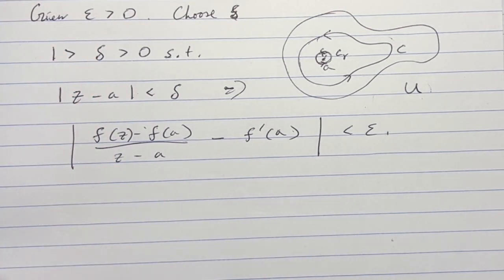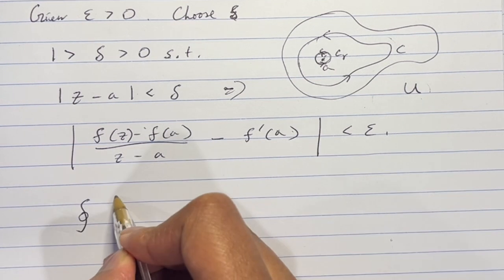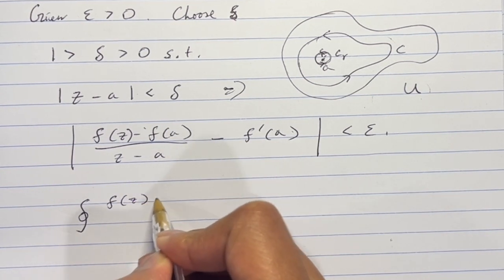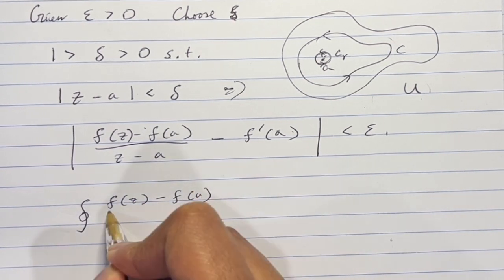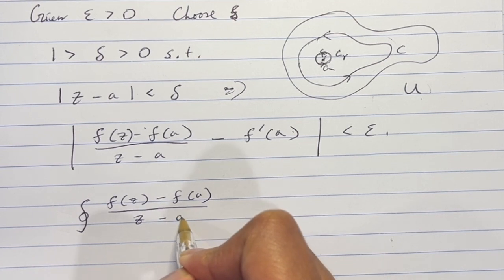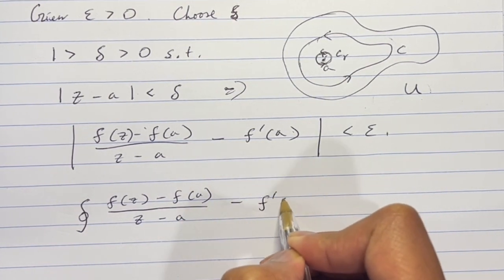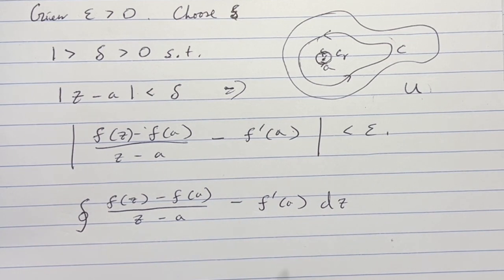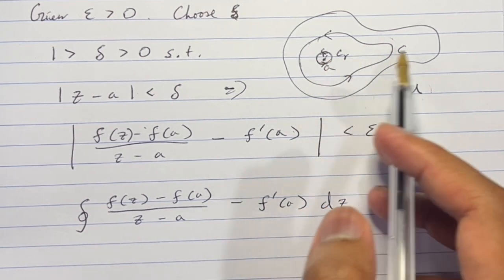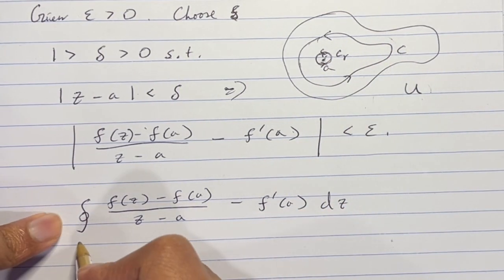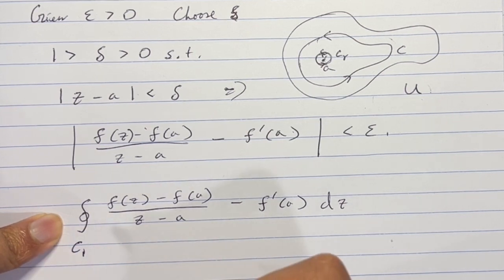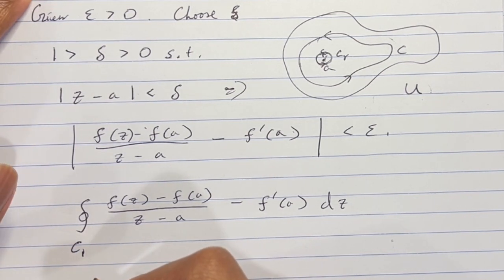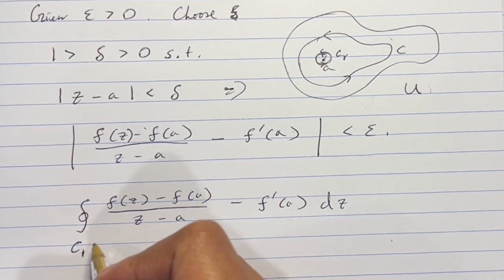What we want to do now is calculate this integral, of (f(z) minus f(a)) over (z minus a), minus f prime of a, dz. Using Cauchy's deformation theorem, we're going to use C_R, but the answer will be the same as if we used C, but R is easier.